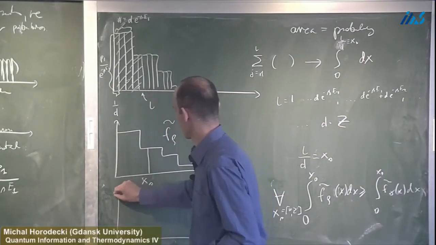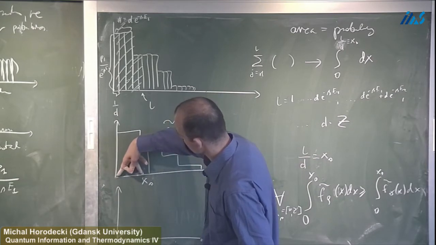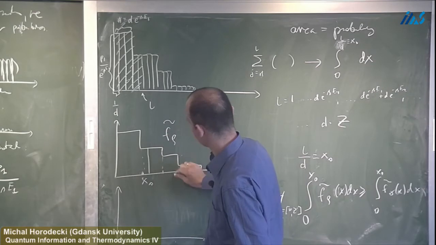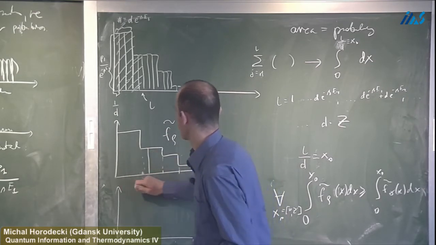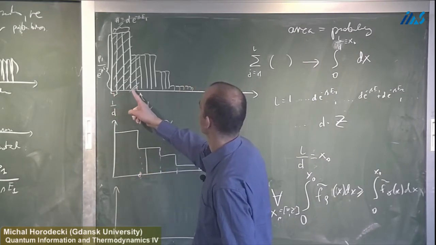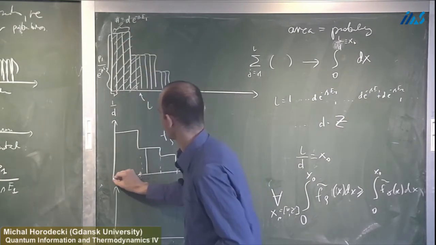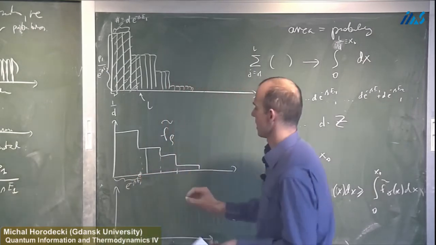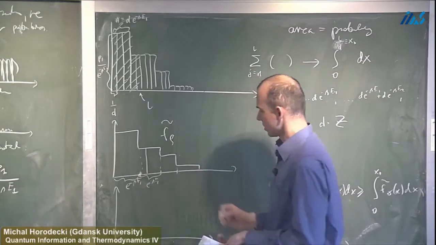Of course, because these are step functions, the step function is defined with special points where there are jumps. What is this point? It is these many of them divided by d, so this is e2 minus beta e1, and this is e2 minus beta e2, and so on.